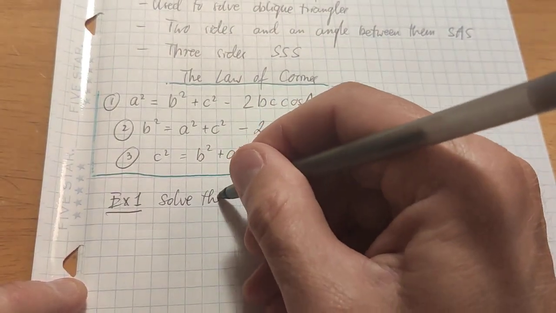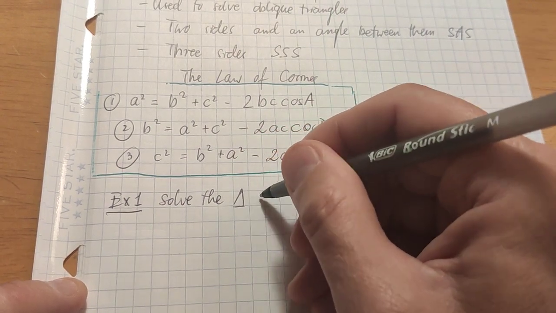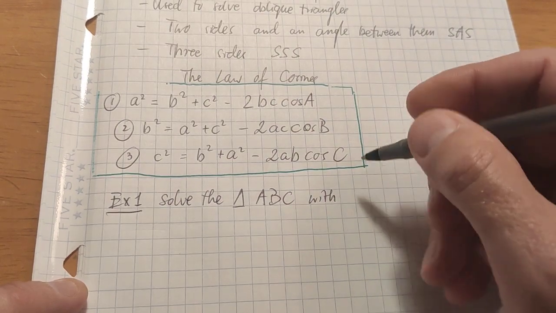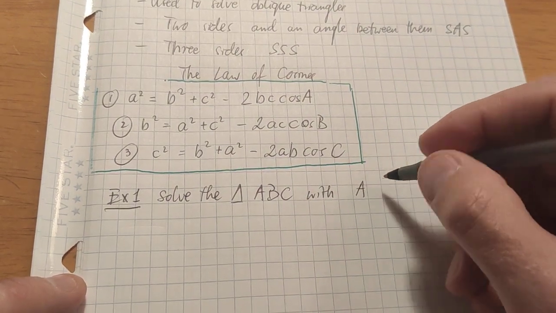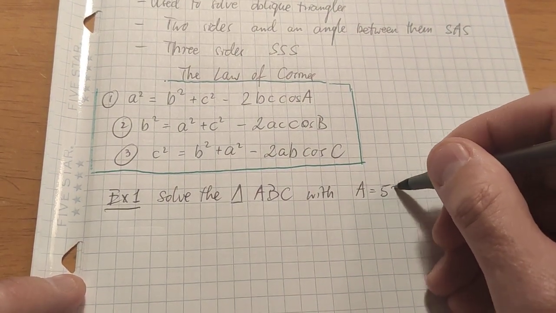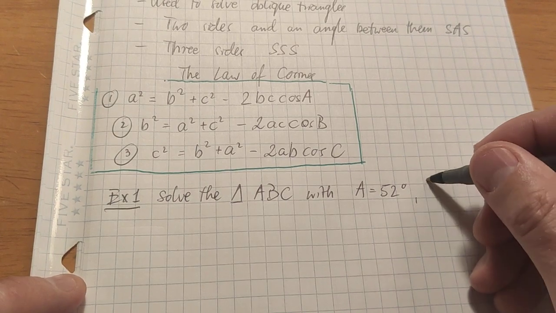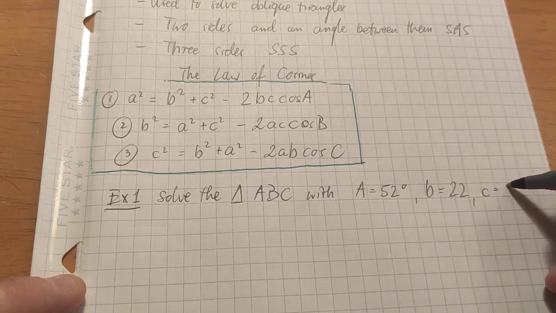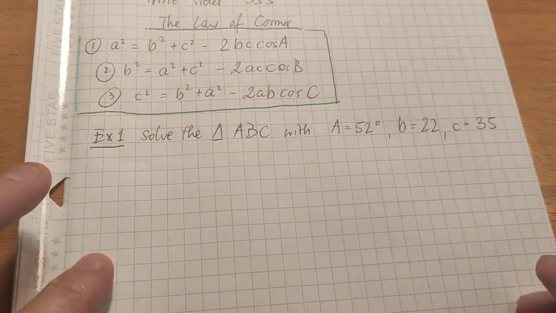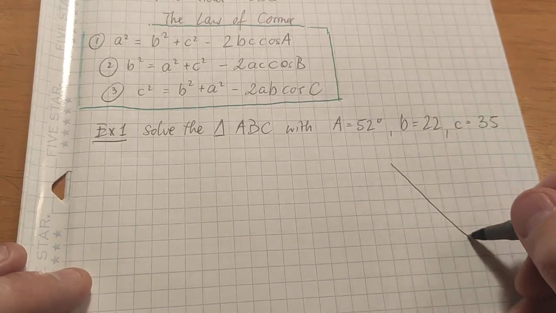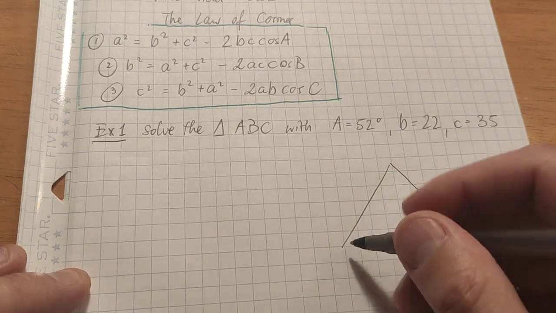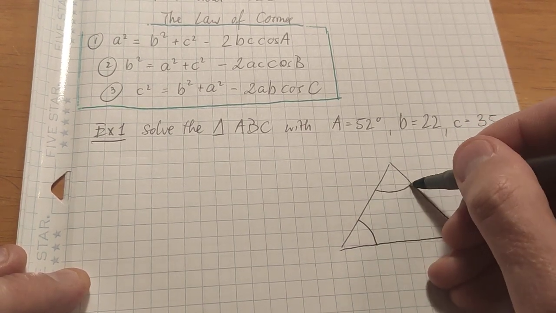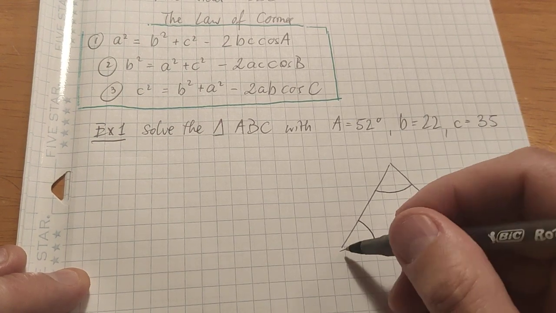Solve the triangle ABC, where what is given is an angle and two sides. So b is 22 and c is 35. Let's make a sketch of the situation, and we will mark the angles and the sides the same way as with the law of sines.